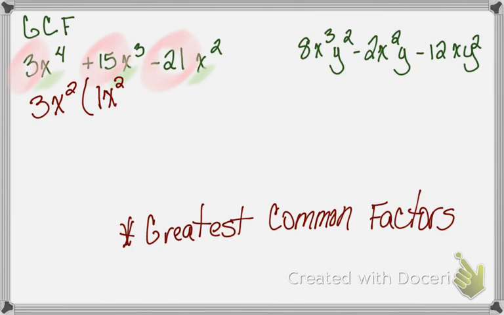Okay? Now, 3 times what gives me 15? 5. Good. X squared times what gives me x to the 3rd? X. Okay? Be careful on this one. 3 times what gives me negative 21?